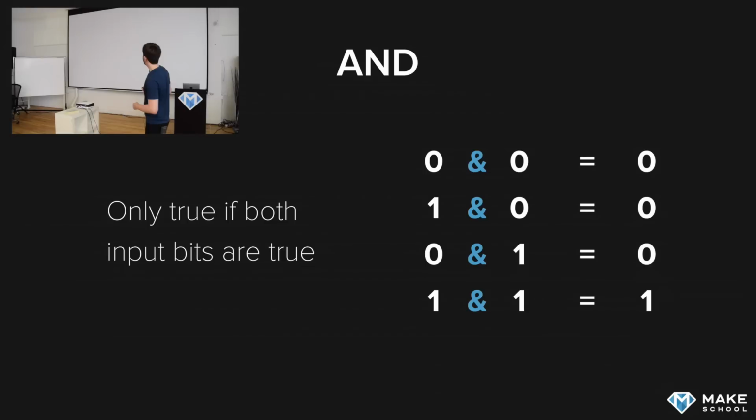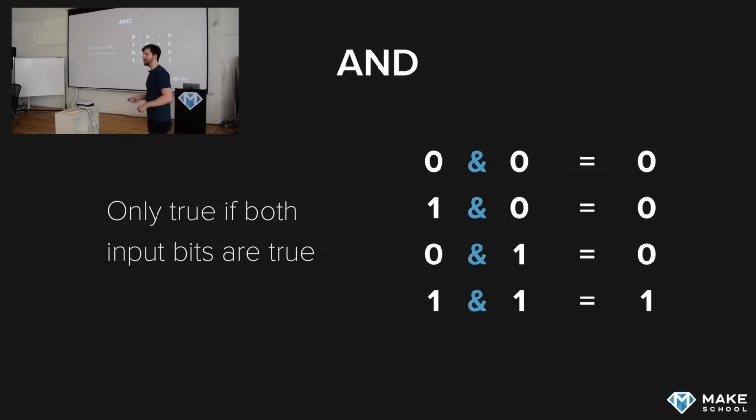So let's talk about and first. And operates on Boolean values the same way double and works. So in many programming languages, you use 2 and signs to compare if something is logically true or false. You can compare 2 values.